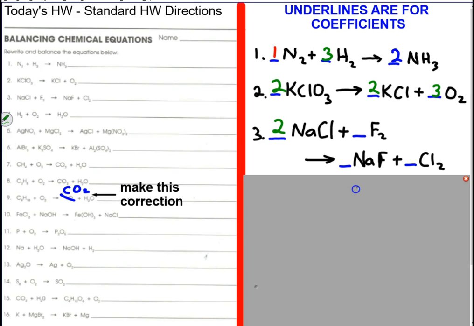Now that we have 2 sodiums, we got to fix sodium on the right, don't we? So we have to put a 2 there, make the sodiums the same now. But look what happened. In putting the 2 here, because it distributes to both, we wind up with 2 fluorines, and we got 2 fluorines on the left. Okay?